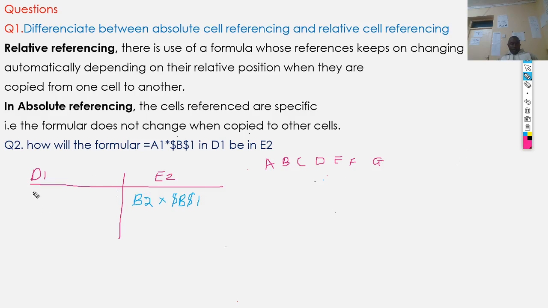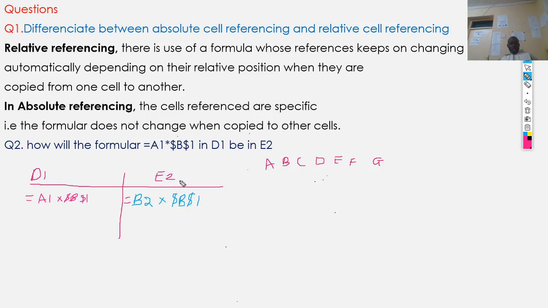So A1, it was here A1. Remember to have an equal sign. Without the equal sign in Excel, that is not a formula. A formula or a function must contain an equal sign. So it was equals to A1 times $B$1.